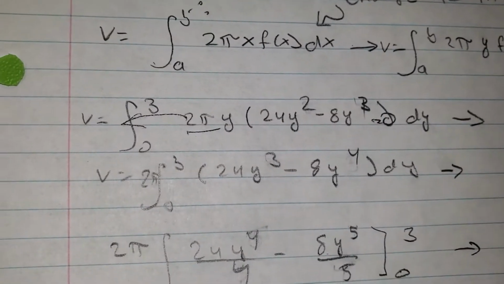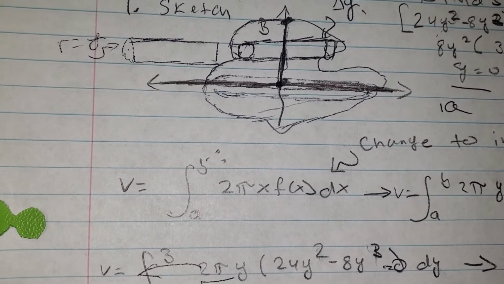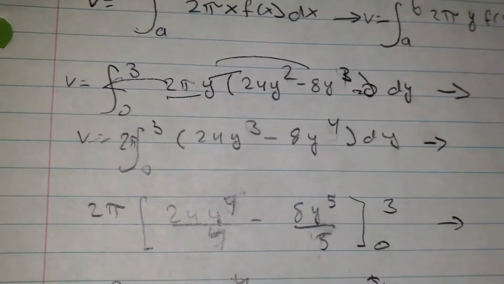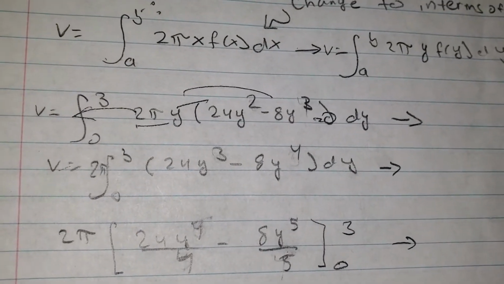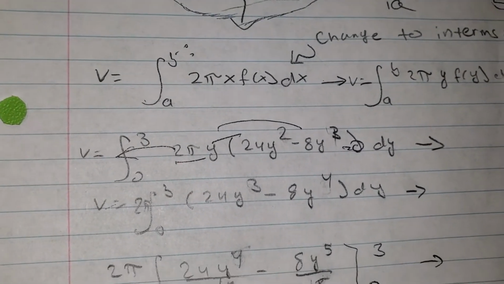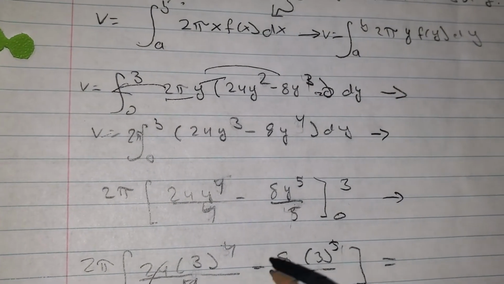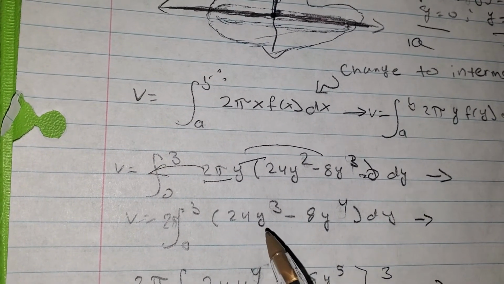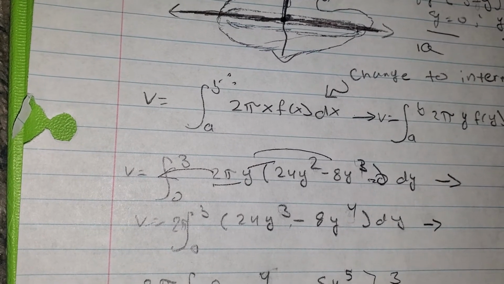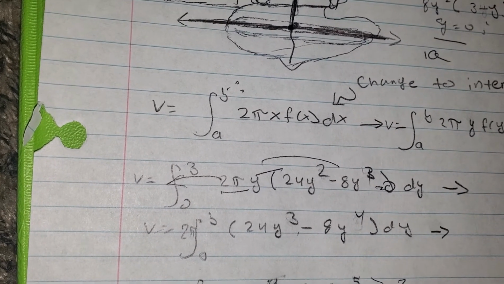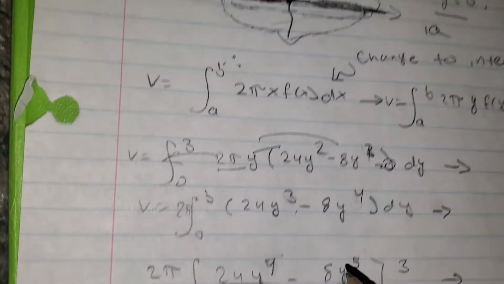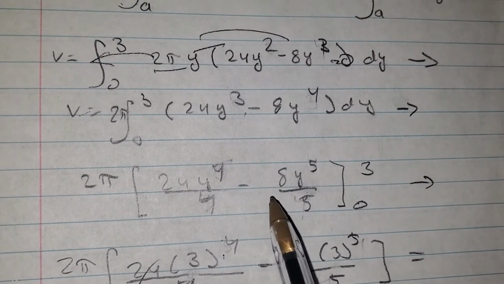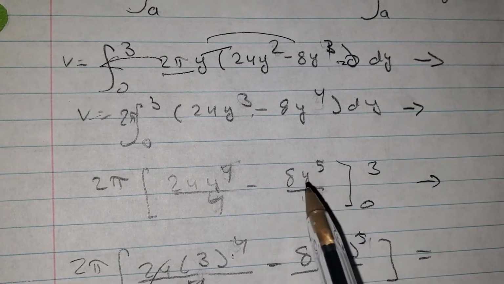So we pulled out the 2 pi and distributed the y, and then we evaluate this integral. If we find the antiderivative of 24y cubed using the power rule, it'll be 24y to the 4th over 4, minus 8y to the 5th over 5.